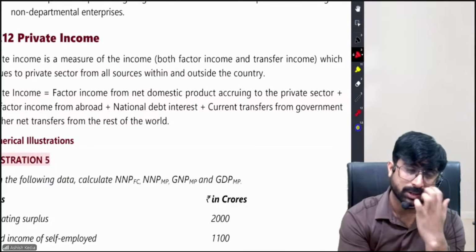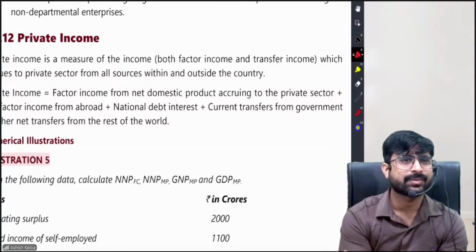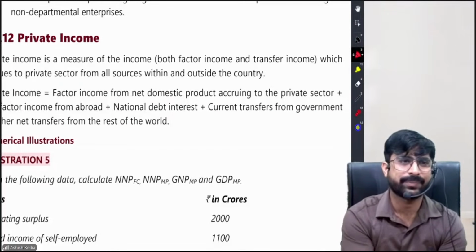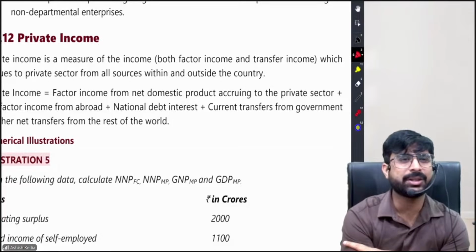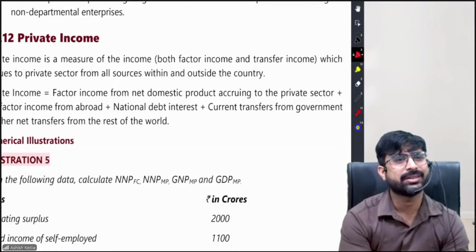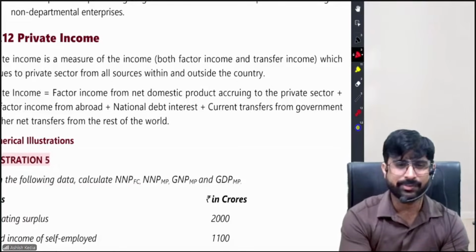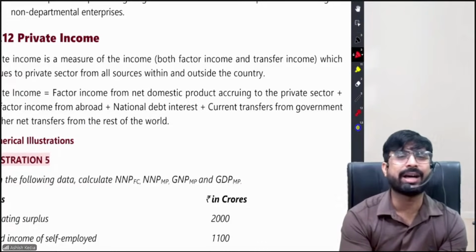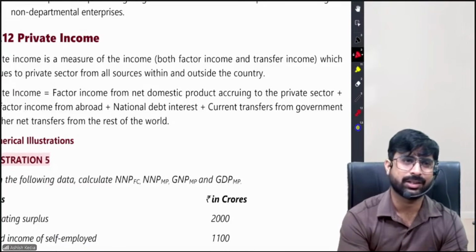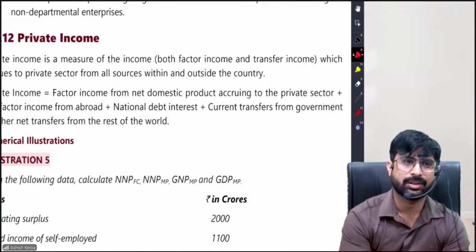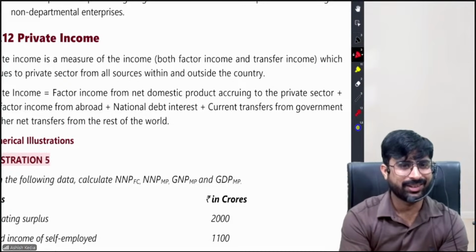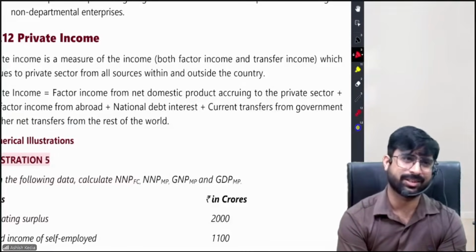But suppose, students, a government official retires, and after retirement, they are getting some money.